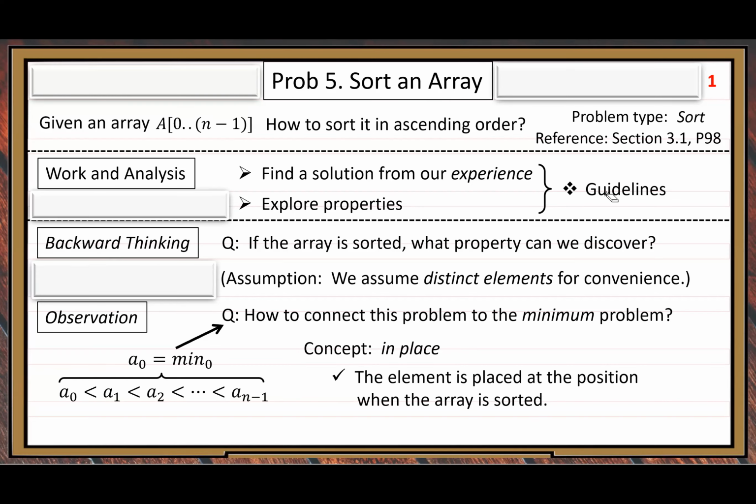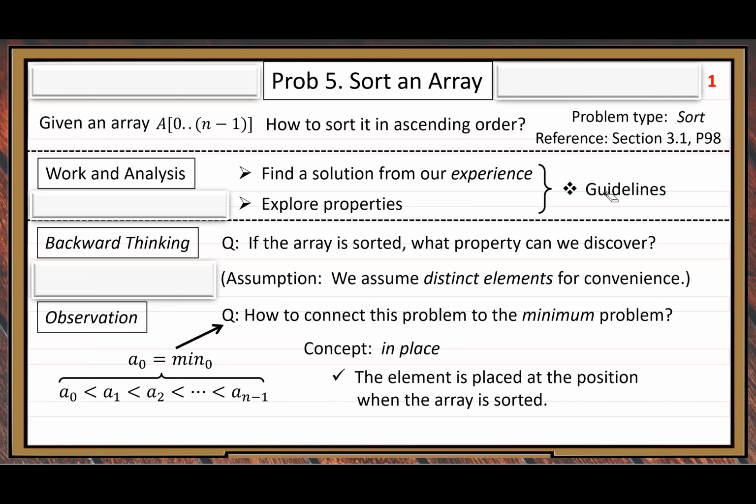So that's the definition: the element is placed at the position it would have when the array is sorted. The array is sorted in ascending order. In that ordered array, if the element is at the same position, it's in place. Now you can see the connection.